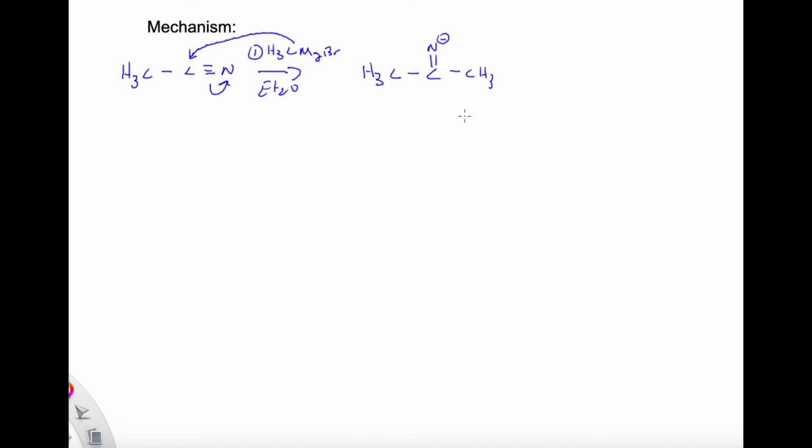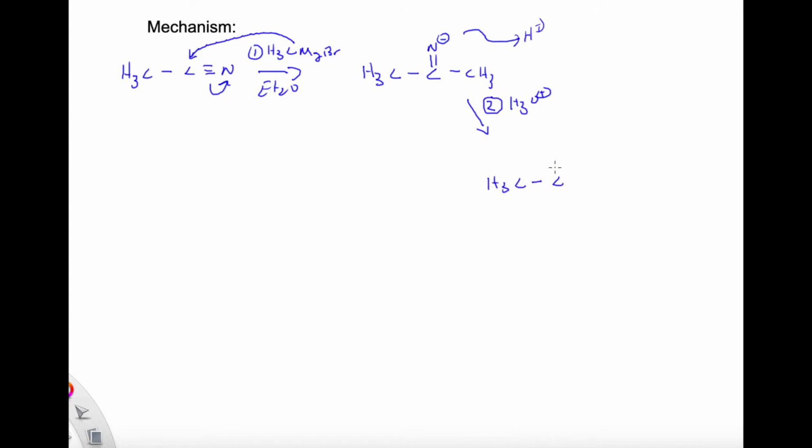Right, so once we get here we're now going to add our acid. Once all of the nitrile has been attacked by the Grignard, we are going to pick up the proton and move to the workup part of it, where we're going to quench everything and add acid.